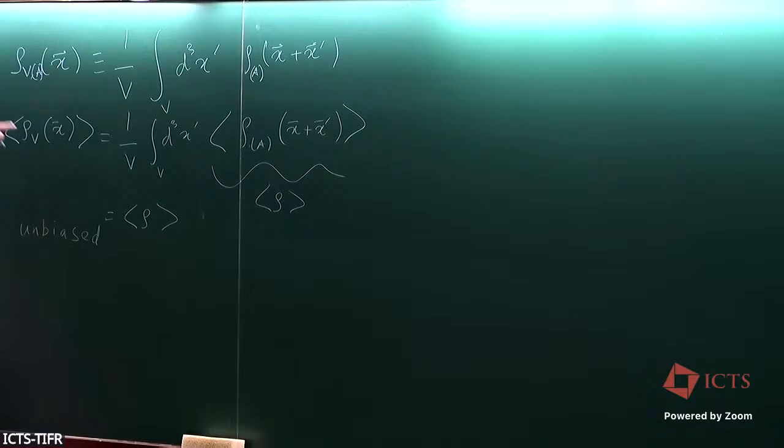So if I have done this and then average over all ensembles, I would have recovered back the rho ensemble average. That's fine. That's what I said, right? So I use the homogeneity to take the rho out.